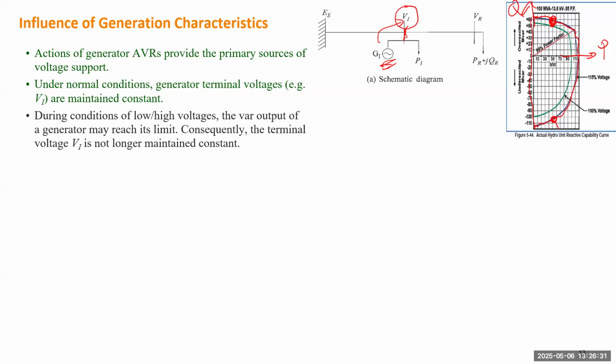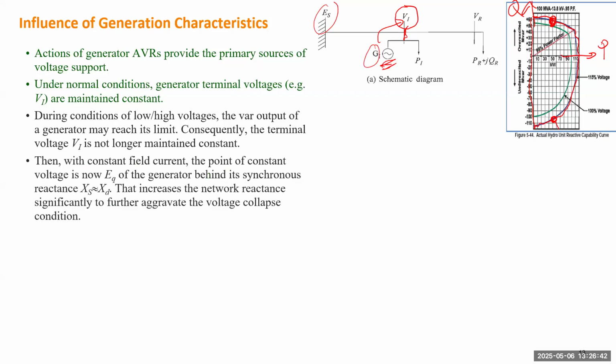So you cannot treat this VI as a constant voltage source. So now the constant voltage source will become either this ES, which is the remote bus, which can be considered an infinite bus, or maybe something inside of the generator. So if the field current reaches the limit, the field current will become constant.